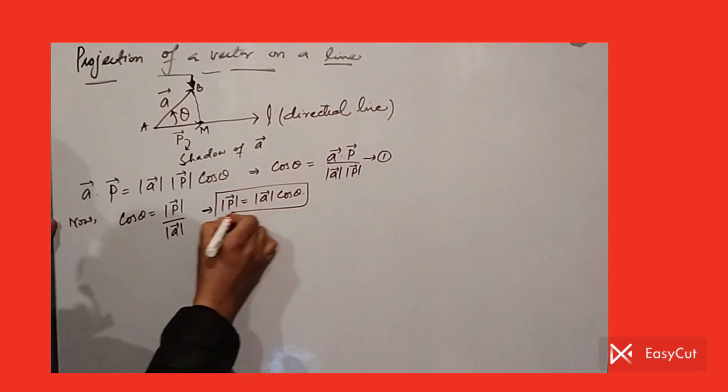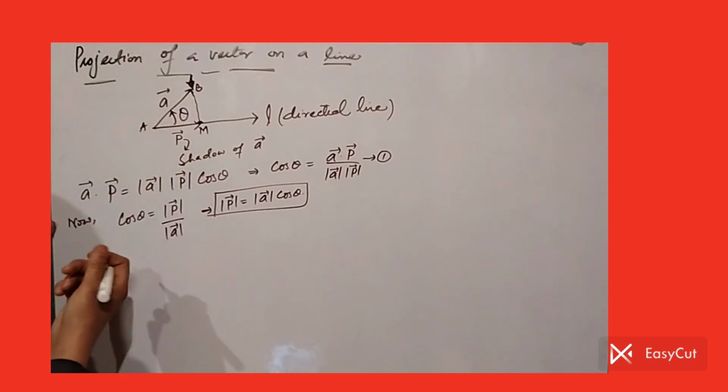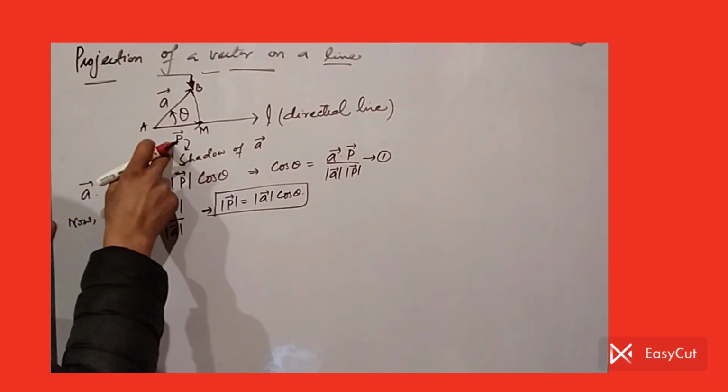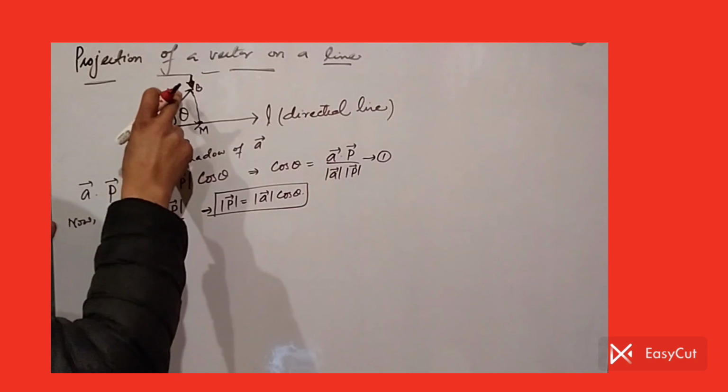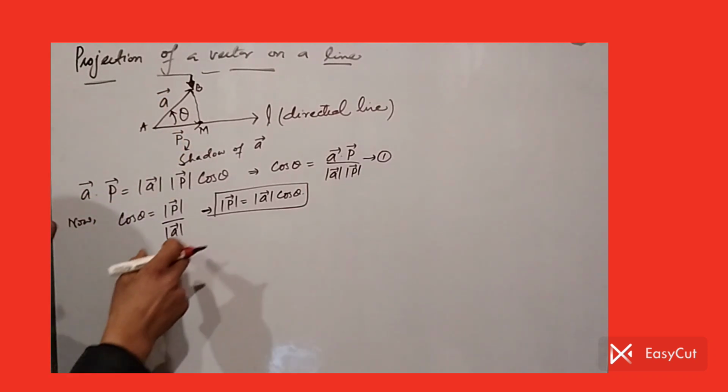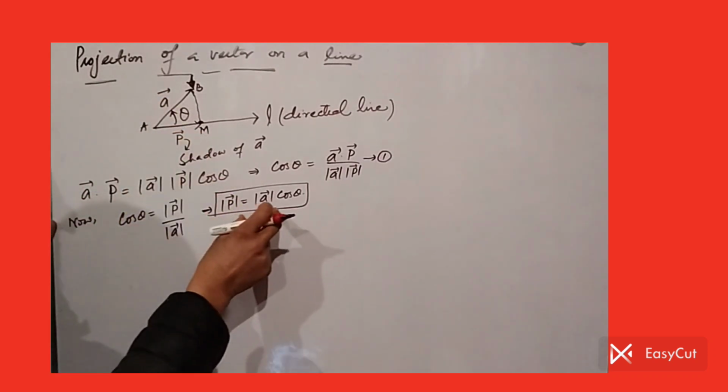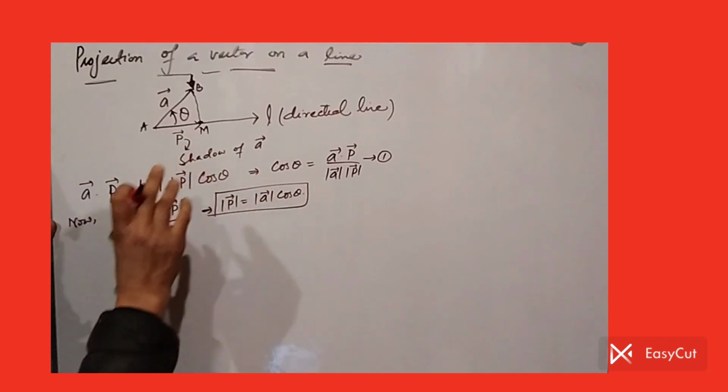That means the magnitude of this projection vector is equal to magnitude of a into cos theta.